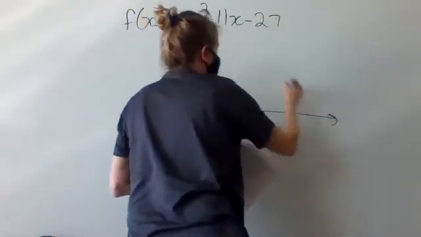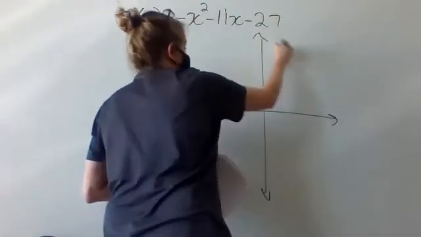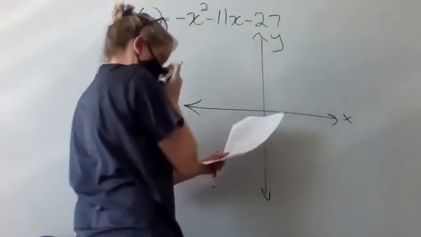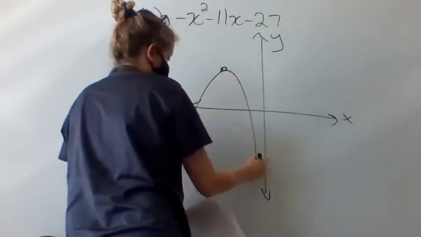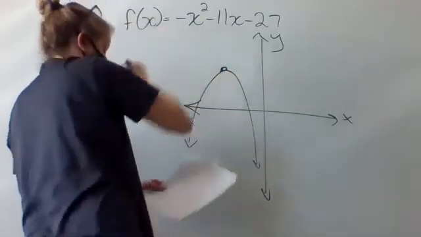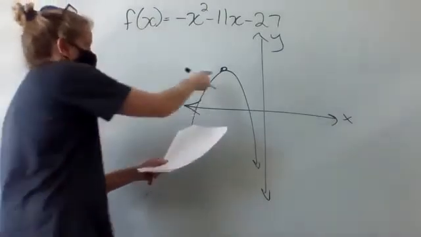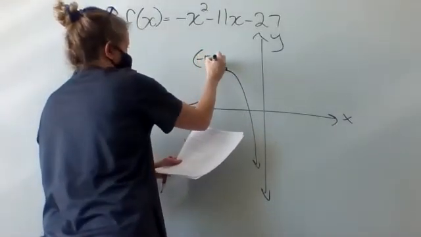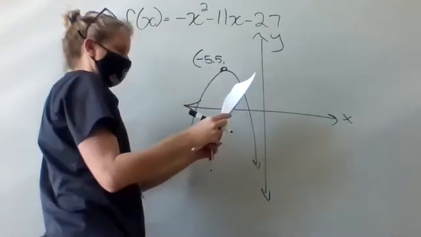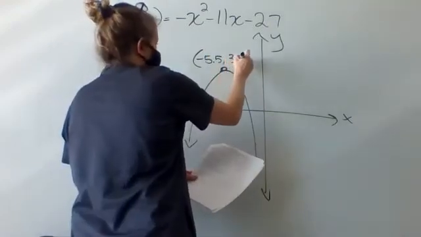Here's what it looks like on the graph. Upside down parabola, right? Because it's x squared and it's negative. And then it tells you what this point is right here. That's what those numbers mean. That point is at negative 5.5, 3.25.